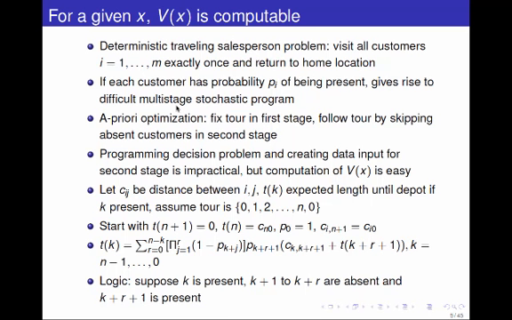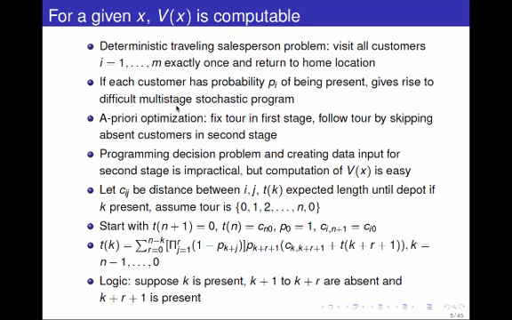Well, let's think of it the other way. What would be the cost of making this trip if the next customer and the one after that, up to k plus r, are absent, and then the r plus 1 customer is there?